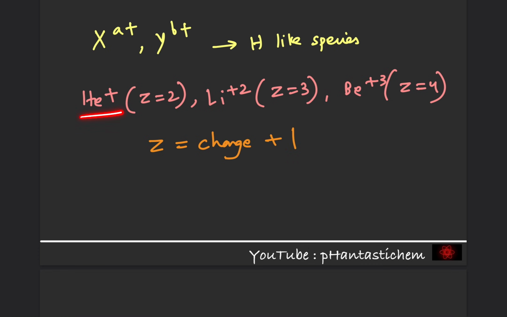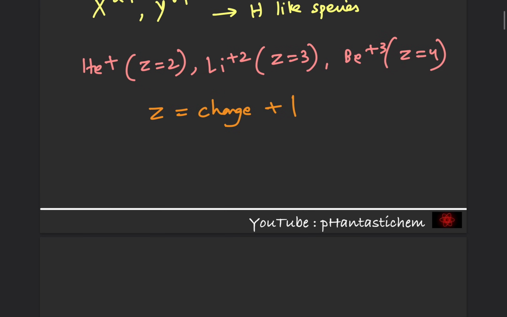So in the case of He plus, atomic number is 2 and the charge is 1, so 2 is equal to 1 plus 1, which is correct. Similarly for lithium plus 2, atomic number is 3, charge is 2, so 2 plus 1 is equal to 3. Similarly for beryllium plus 3, atomic number is 4, charge is 3, plus 1 is equal to 4.